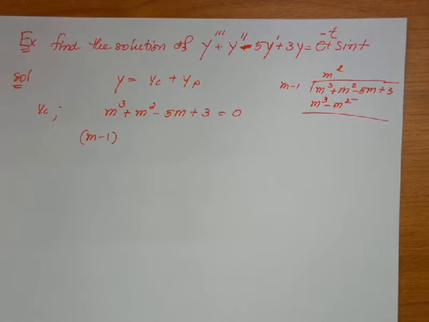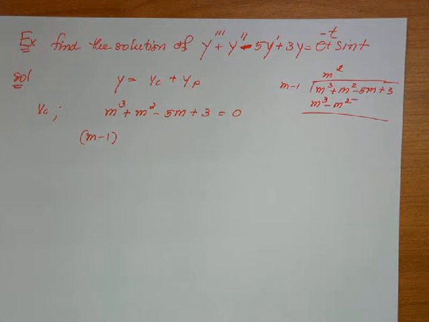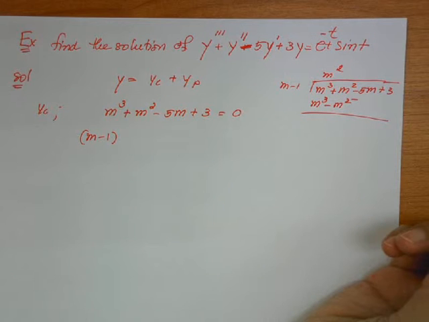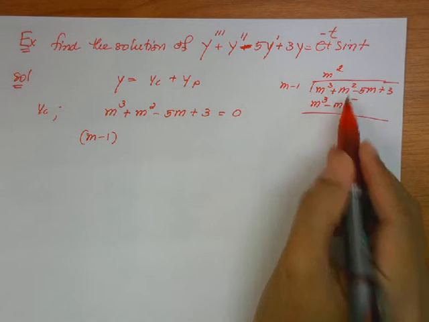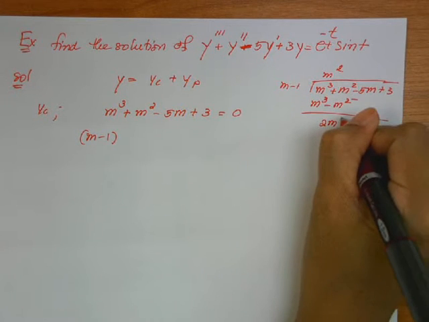A lot of students say that equals 0, but is it equal to 0? I mean, these two terms subtract from each other. Would it be equal to 0? No, minus becomes plus. Plus 2, yeah.